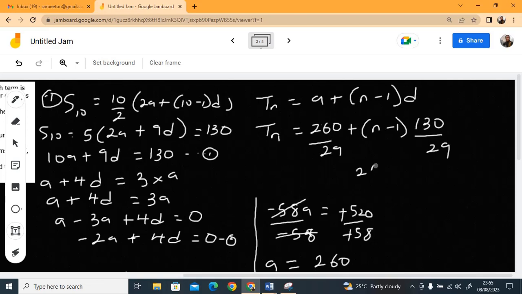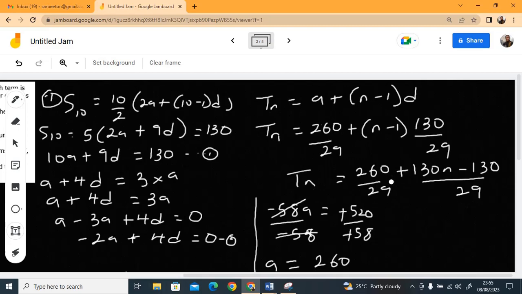So when I multiply this out, you have 260 over 29, plus 130 times n, that is 130n, minus 130, all over 29. This is equal to Tn. So to solve this now is very easy.